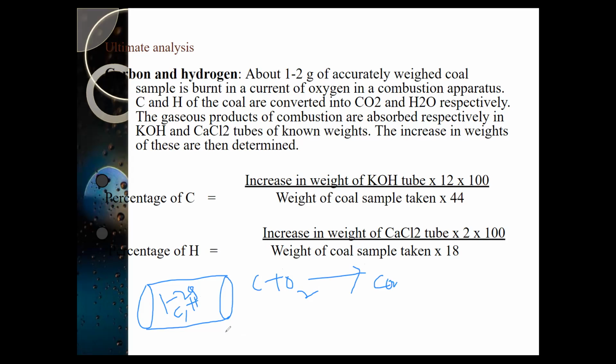When hydrogen reacts with oxygen, water vapor is produced. That means water is released in the combustion chamber when 1 to 2 grams of coal sample is burning. Carbon is converted to carbon dioxide and hydrogen is converted to water.